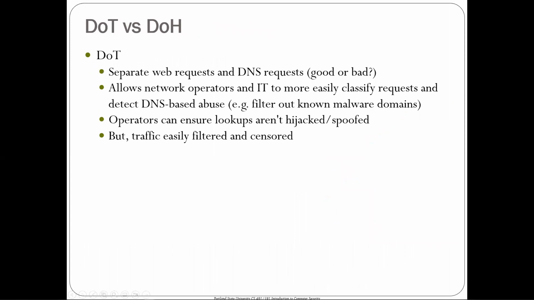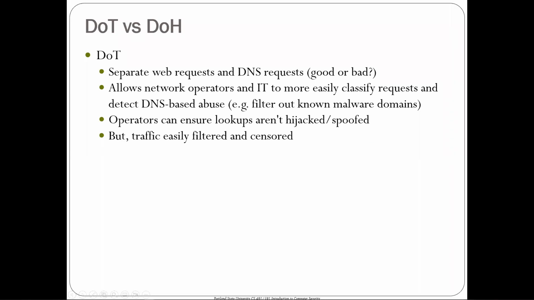So why would you use one versus the other? Well, with DoT, you have separate web requests and DNS requests, so you can clearly identify name lookups from web traffic. And this is good for network operators and IT staff to be able to classify requests and analyze them separately.